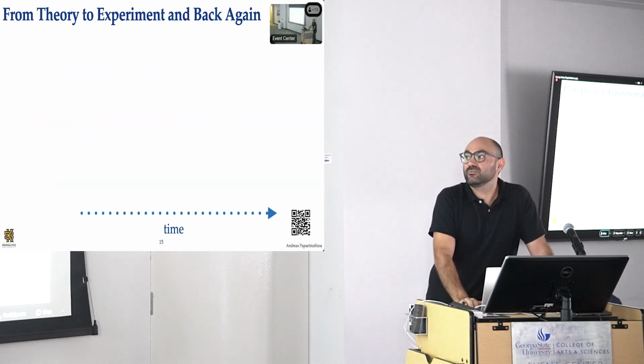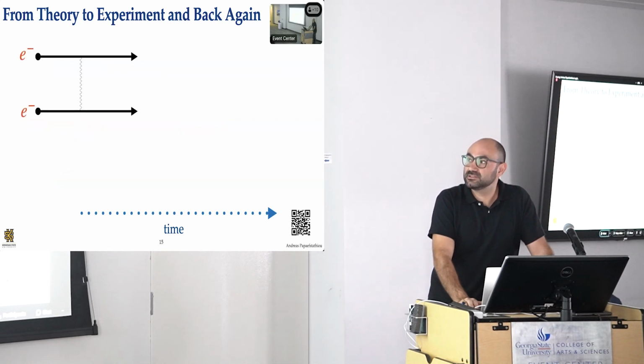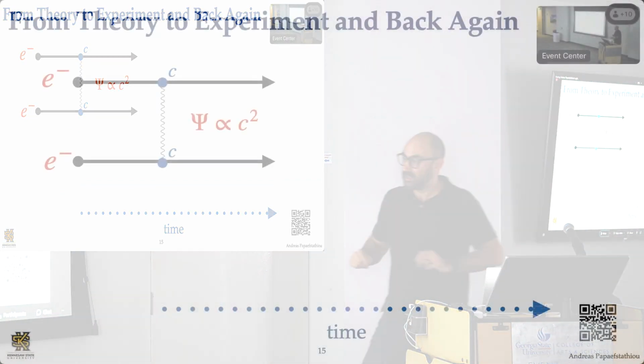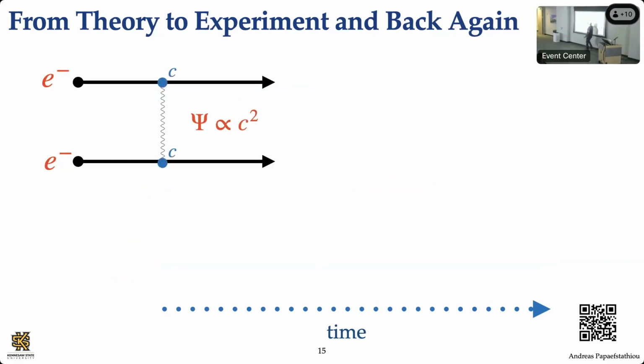So I can start drawing such diagrams. I'm drawing, let's say, the first order diagram, and then I'm associating that with a C on each of the two interactions. What I am claiming here is that there is an object equivalent to the wave function in quantum mechanics, which is now proportional to C squared. So the product of each of the couplings.